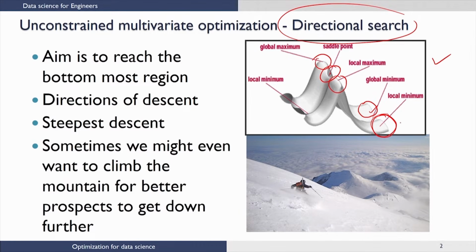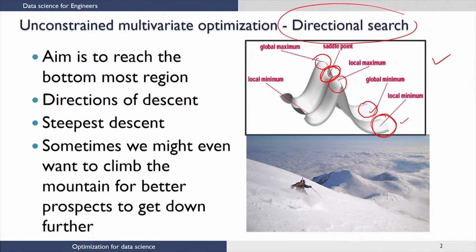Nonetheless, this is an okay point if it is not very far in terms of the performance from a global minimum. However, we want to avoid points like these saddle points and so on, because as you see even in this picture, saddle points could be very far away from the actual solution. So, the aim is to reach the bottommost region.